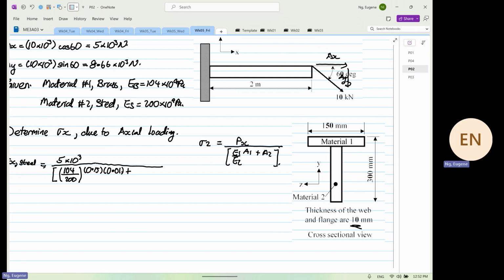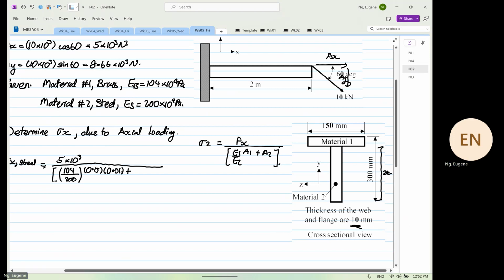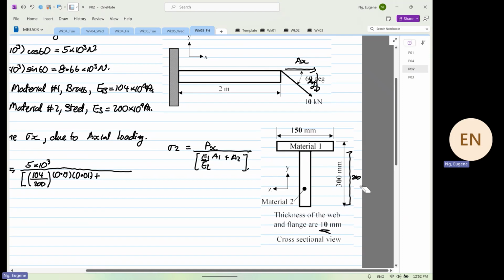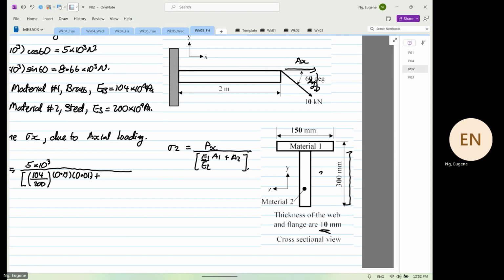And then plus A2, so this is 300, over here is what? 290. Okay, so this is 290 over here. So it's equal to 0.29, or I would like to do the width first. So 0.01 multiplied by 0.29. Okay, and then we close bracket.